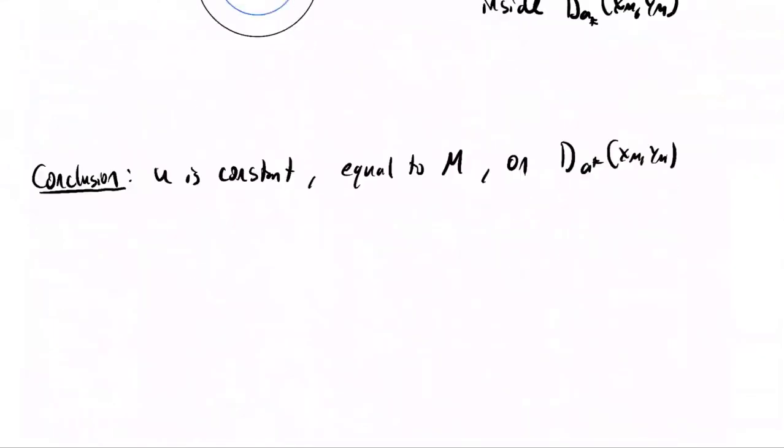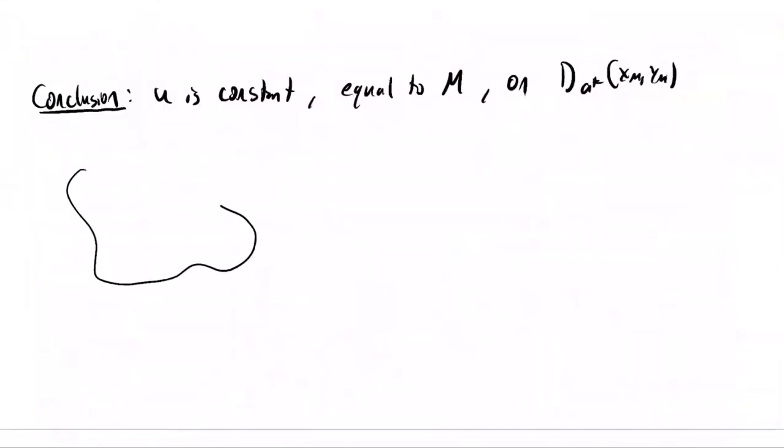So let's say this is our larger domain D, and this is the disk that we just drew. Say this is xm, ym. Let me draw a disk centered at this point. Let's say this is the dA star of xm, ym.